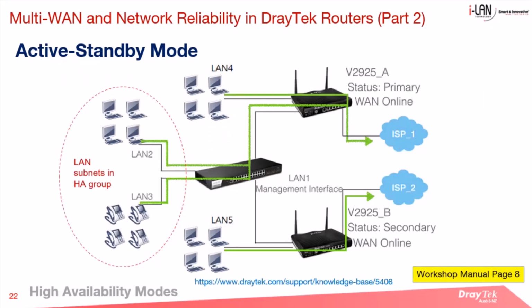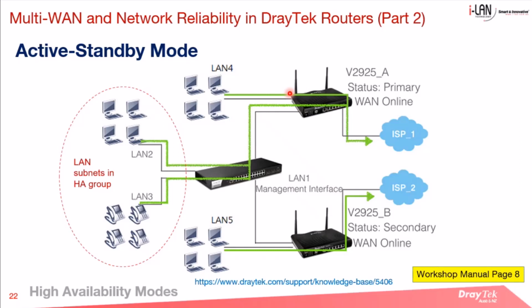Okay, here we have an example of that. In this diagram, LAN 4 is directly connected to router A, shown here in the picture, so it uses router A's internet connection.